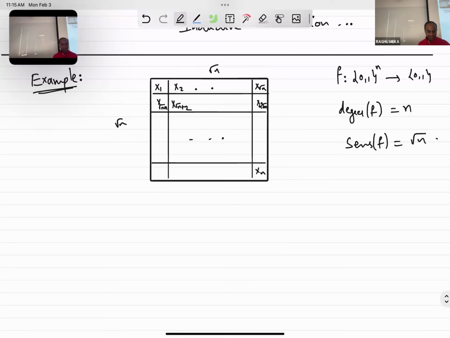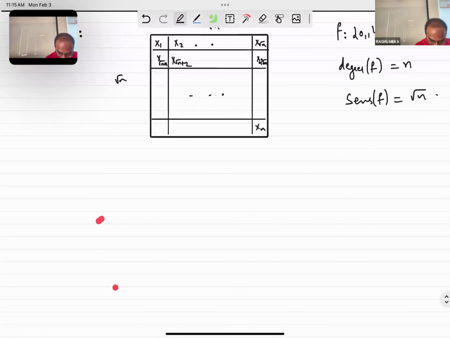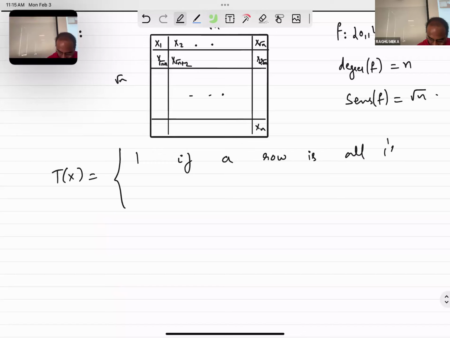Okay. And the function I'm going to define is t of x is 1 if a row is all ones and 0 otherwise. Okay. If there is at least one row which is all ones, then the function evaluates to 1, otherwise it evaluates to 0.